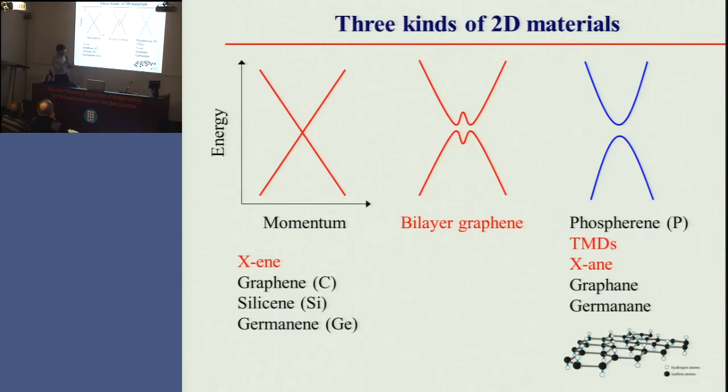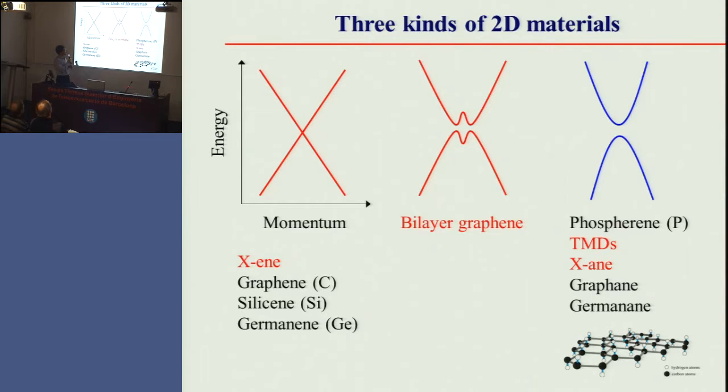Probably you have heard about graphene. Graphene belongs to this category: no band gap, and if you see the band structure, it shows a straight line like this. We call them Dirac fermions, which are massless particles.